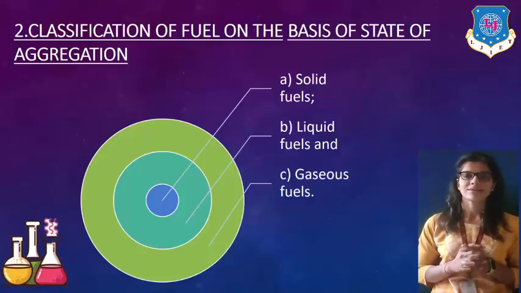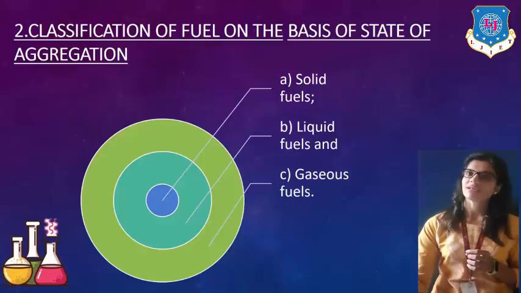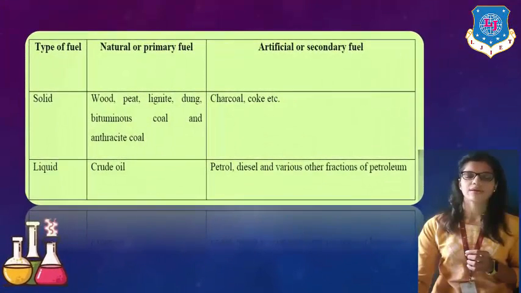Number one, solid fuels. Number two, liquid fuels. And number three, gaseous fuels. Depending upon the state, we can classify them as solid, liquid and gas. So here it's solid fuel, liquid fuel and gaseous fuel.